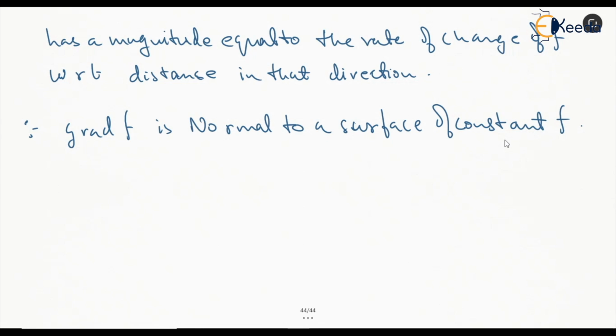Other than that, like we said, gradient will be directed in the steepest slope. Then if you want to find this gradient in some particular direction, then we will have to project the gradient vector in that direction in which we want it to be, right? And that is what is the directional derivative.